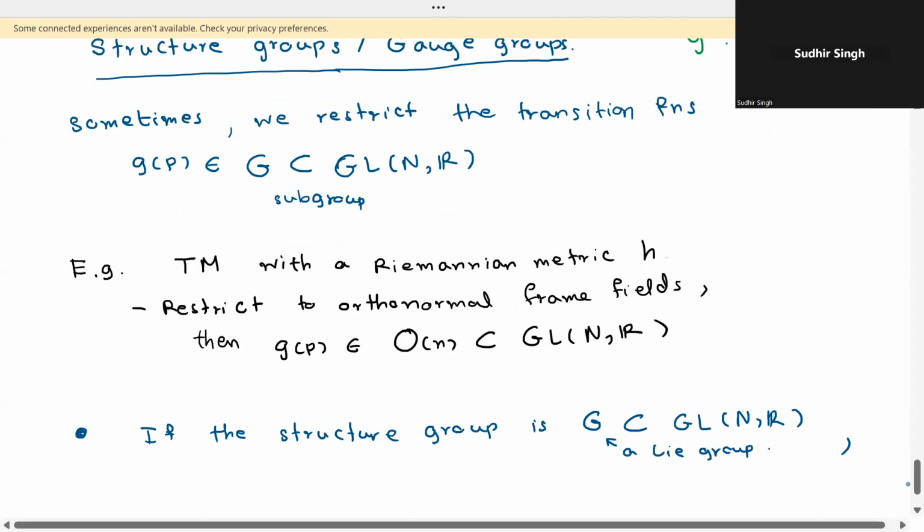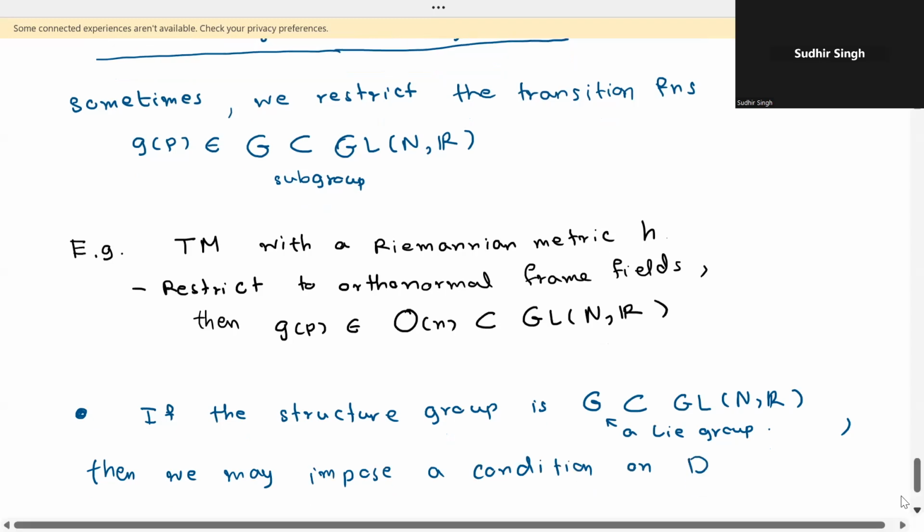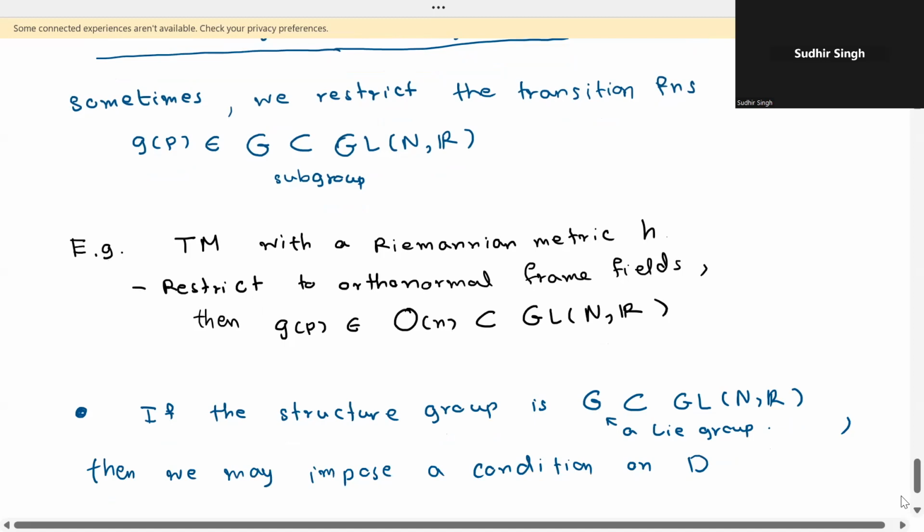Then we may impose some condition on the connections on E, that we will only consider connections that satisfy this condition.